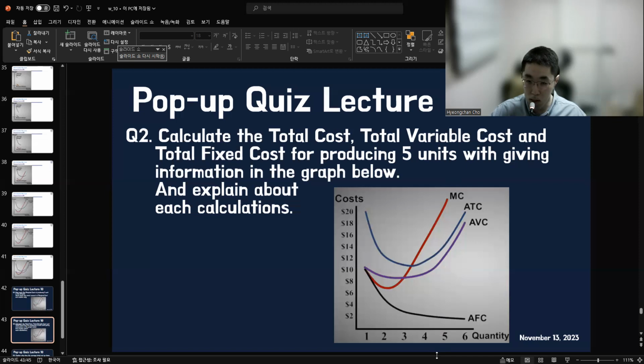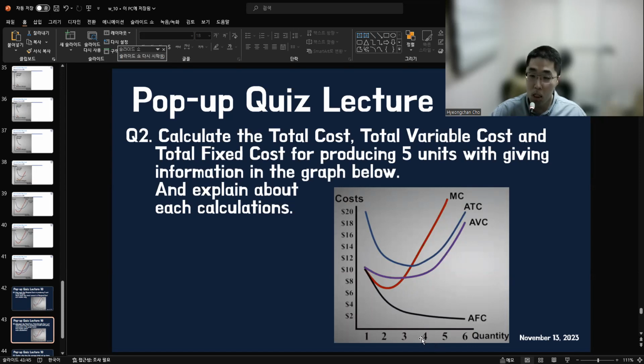And the same as that, the total variable cost is the result of multiplying two numbers: the cost at this point of the average variable cost curve by the quantity 5.